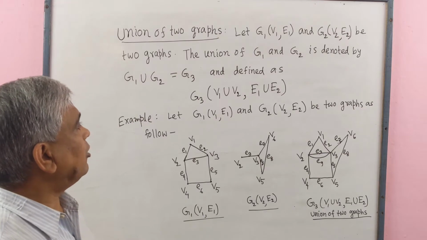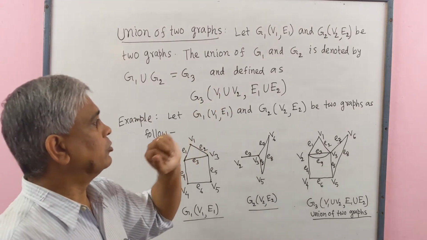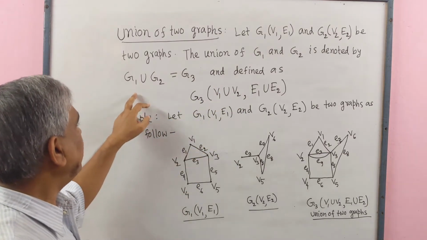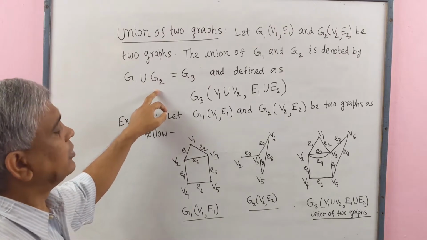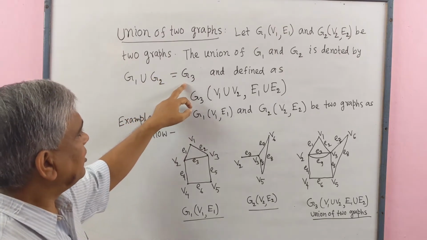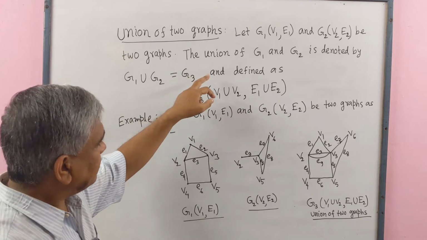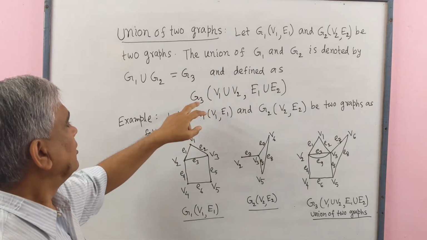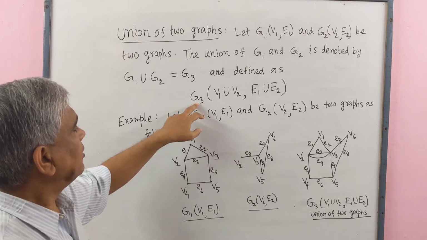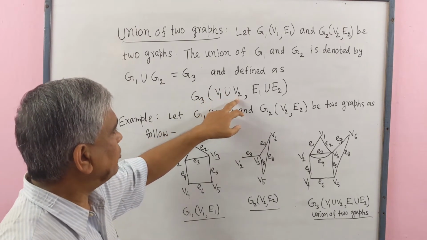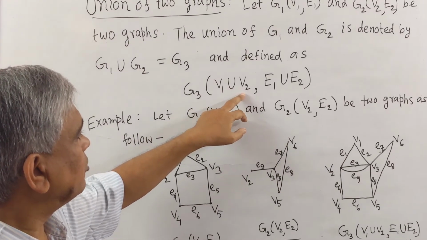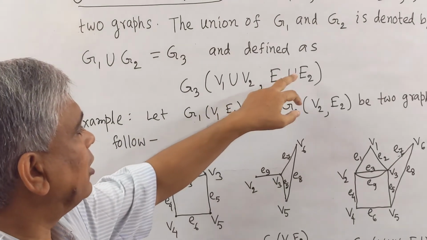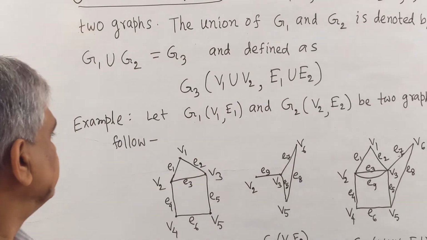The union of G1 and G2 is denoted by G1 union G2. This is equal to, let G3. Then union is defined as G3 equals union of V1 and V2, comma, union of E1 and E2.